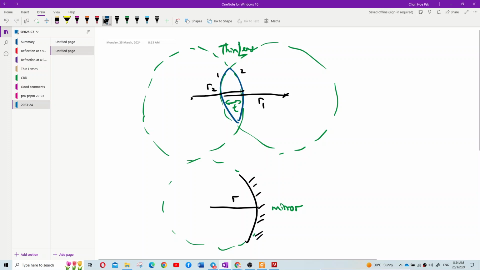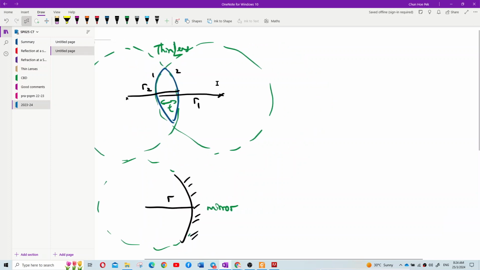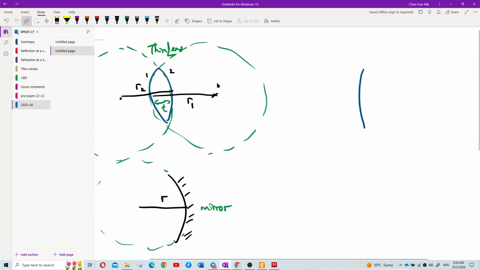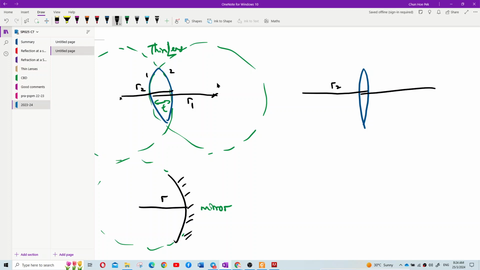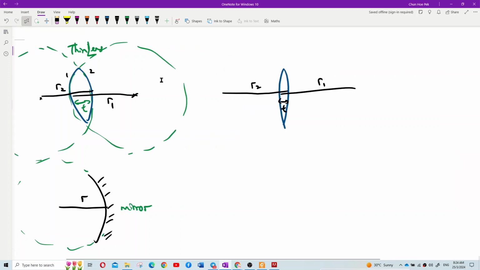The lens is not as thick as this. The thin lens is very, very thin, negligible compared to the radius. This is R2, this is R1. So the thickness is very thin compared to the radius. That's why it's called thin lens.